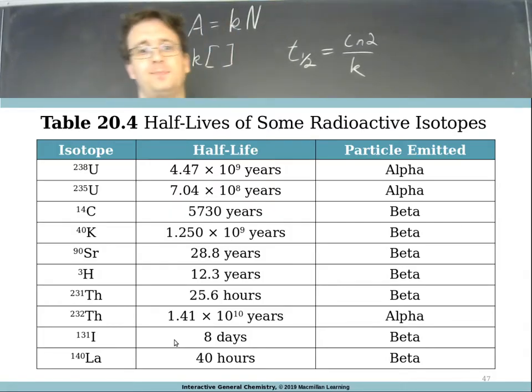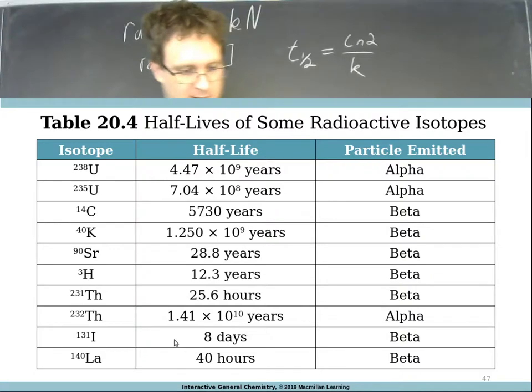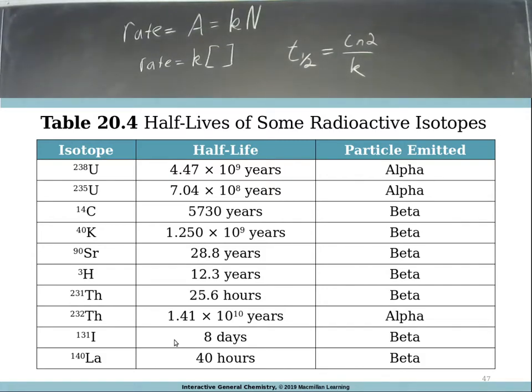So let's look at some half-lives of relevant radioactive materials. U-238, this is the less radioactive isotope of uranium. It's 4.47 billion years half-life. U-235 is the uranium that we'll talk about tomorrow in terms of nuclear weapons and nuclear power plants.